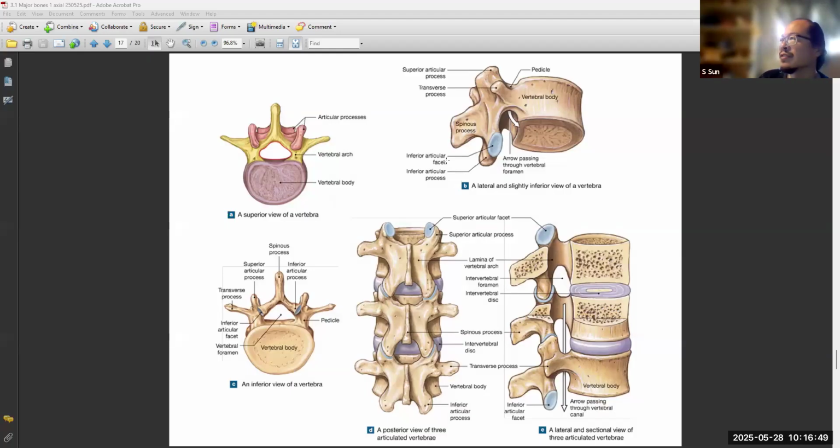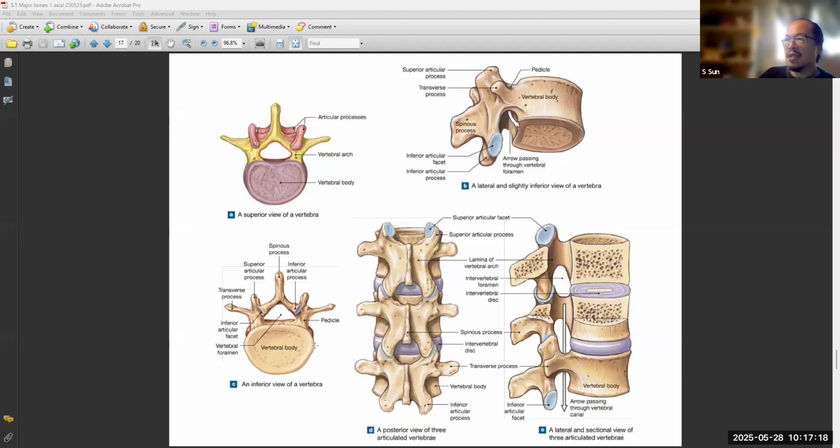That's what you need to know. Here I'm showing you the spinous process, transverse process, superior arcuate, inferior arcuate. The superior and inferior arcuate will attach to the neighboring spinal vertebra. Nerve comes through this vertebral foramen.